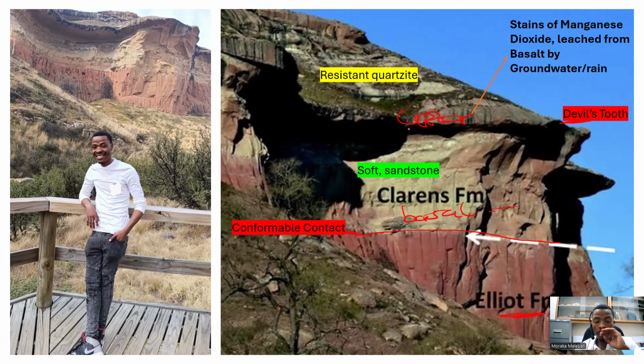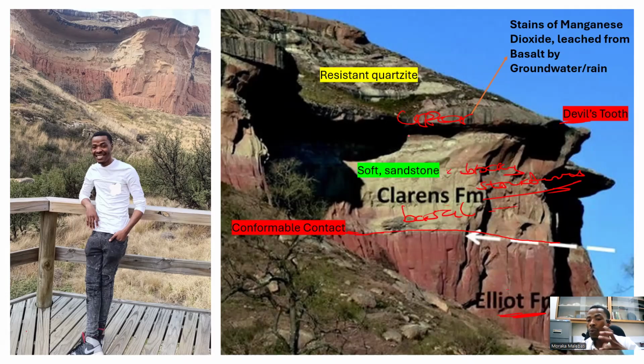So now it means during weathering, this sandstone, which is massive, weathers into blocky structures because of the massiveness. The basal part, because it's soft, will be easy to erode now.